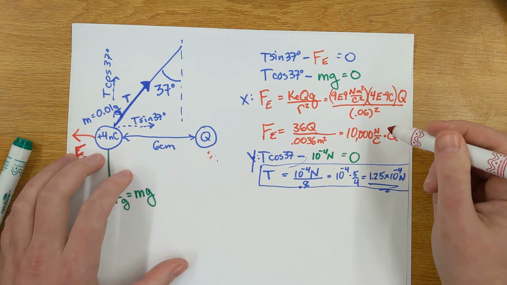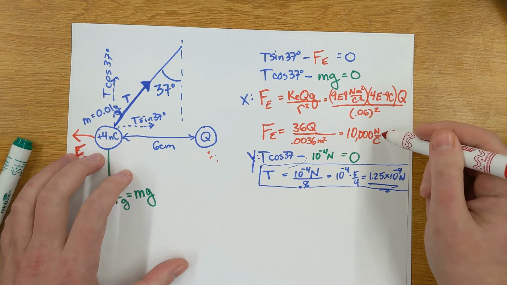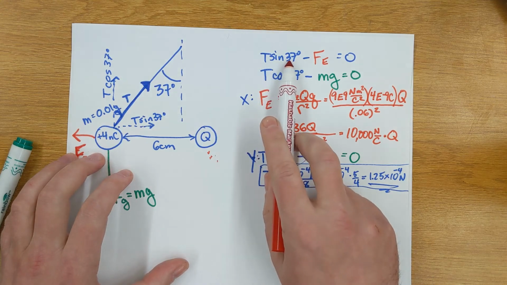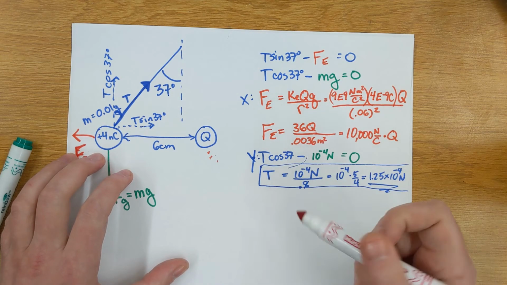Well, what do we see? Q must equal T sine 37 minus this force is 0.